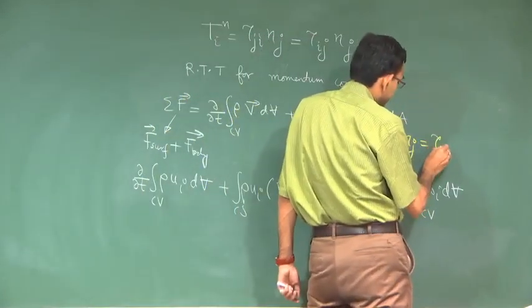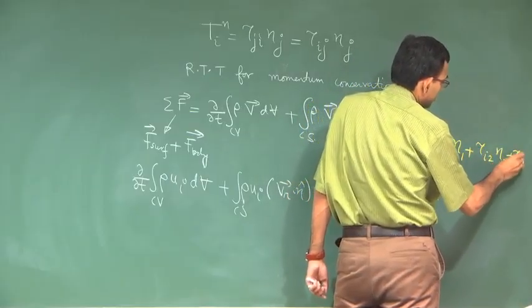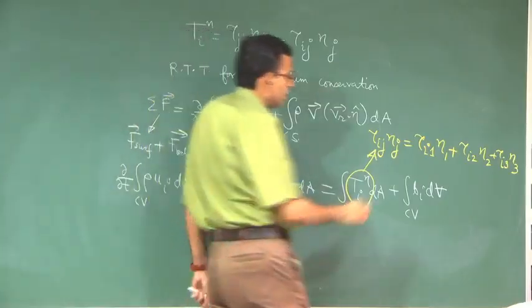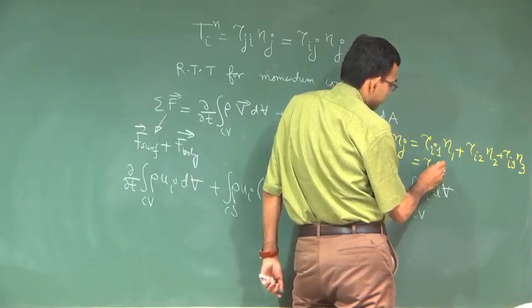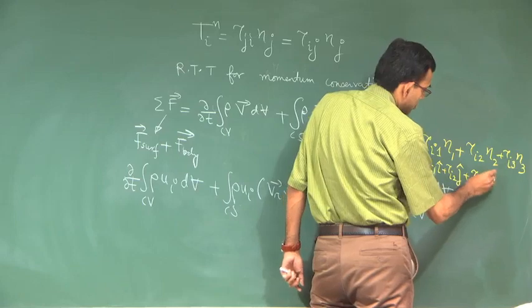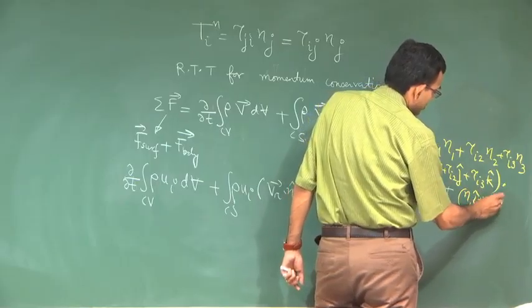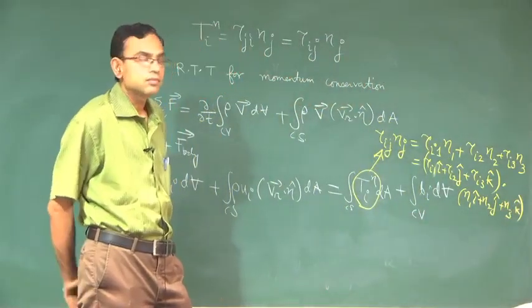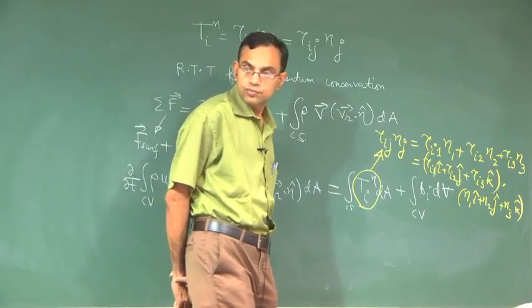So this you can write, okay, just in another way, we can write it as a dot product of these two, right.